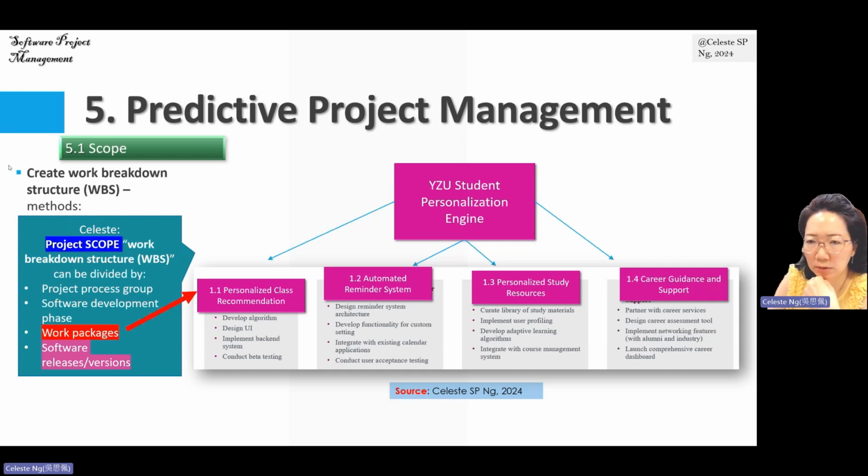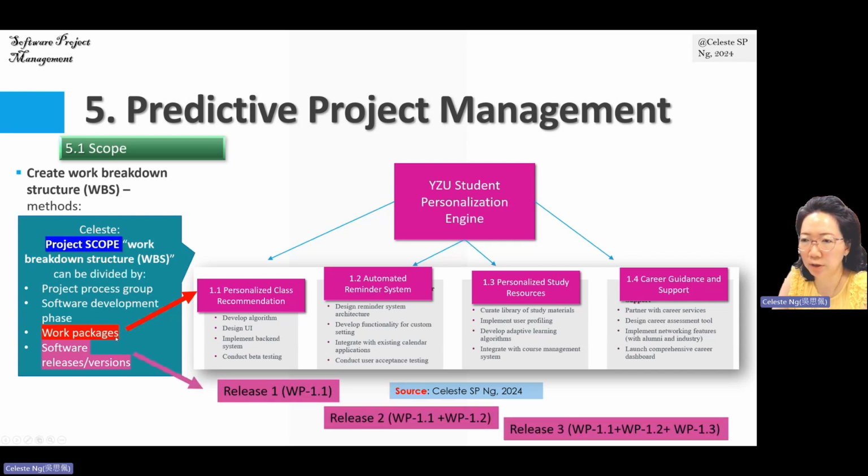How about subdividing our project scope using the method of software release or versions? Simple. We are going to make use of the work packages that we have talked about here. We assume we call our release one, to include work package 1.1.